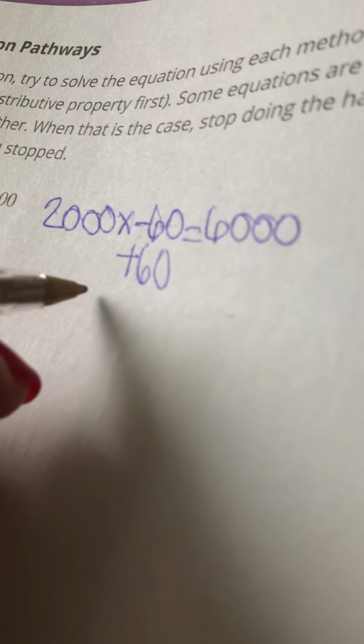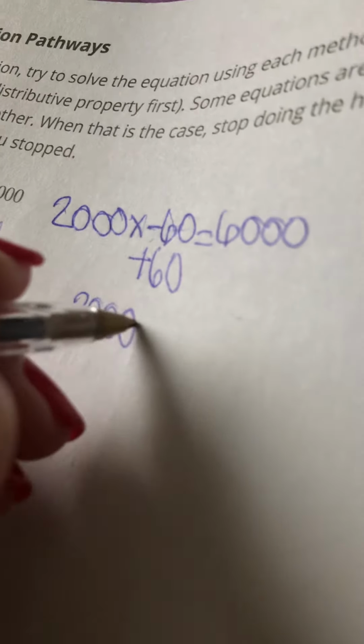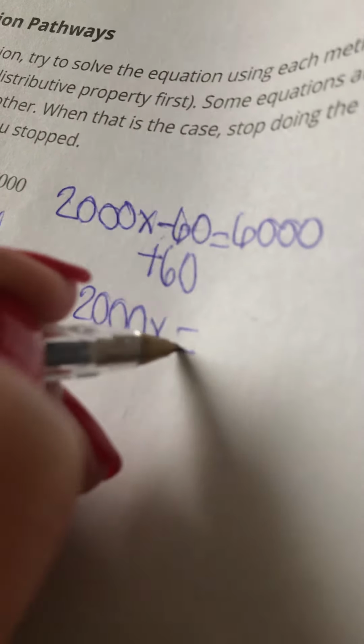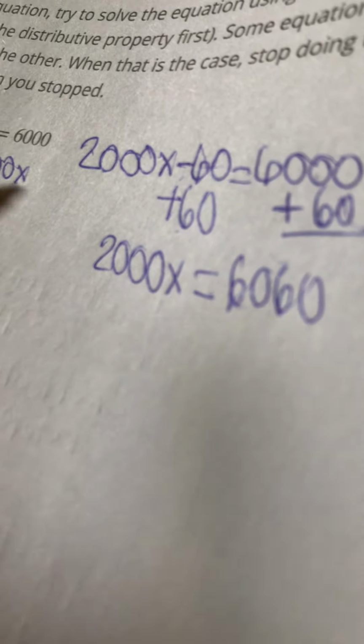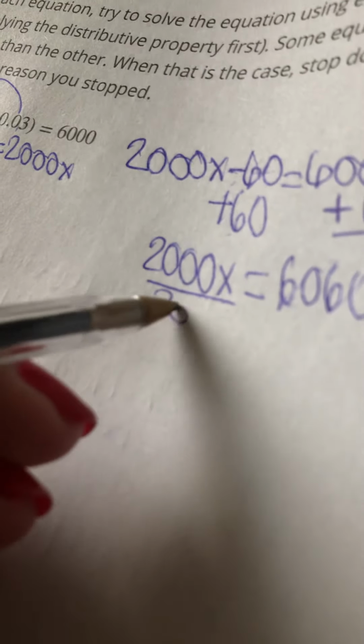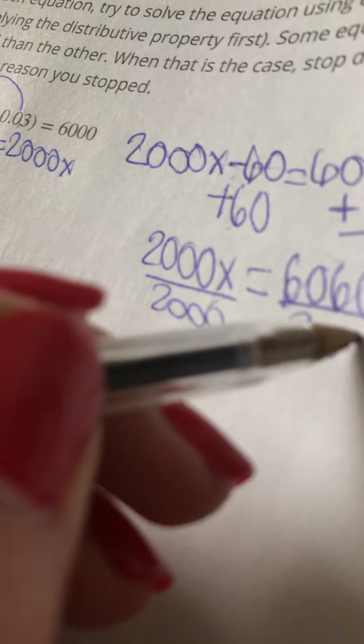Now from there, since I have a minus 60, I have to add 60 so that this can equal 0, so that way I'm left with 2,000x on this side of the equation. And so for the other side of the equation, I have to do the same thing. I have to add 60 because that's the same amount as what I added on this side of the equation. So 6,000 plus 60 is 6,060. And so now to get the x by itself, I have to divide by 2,000.